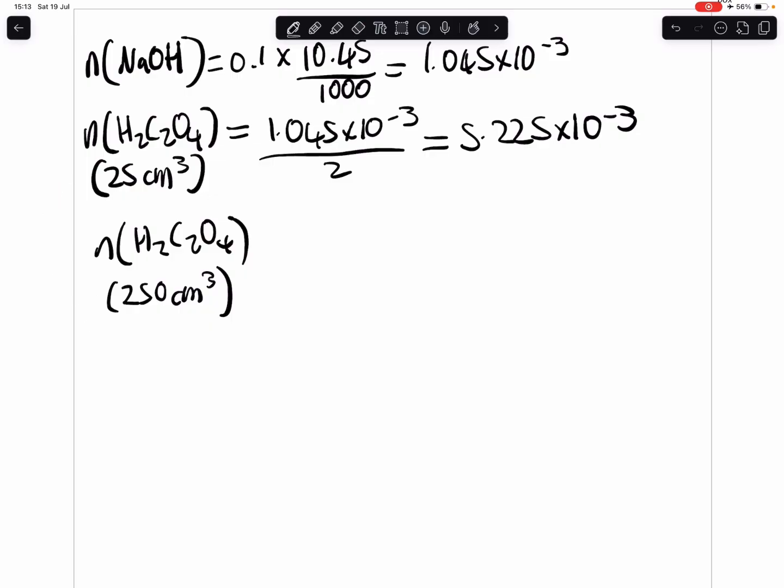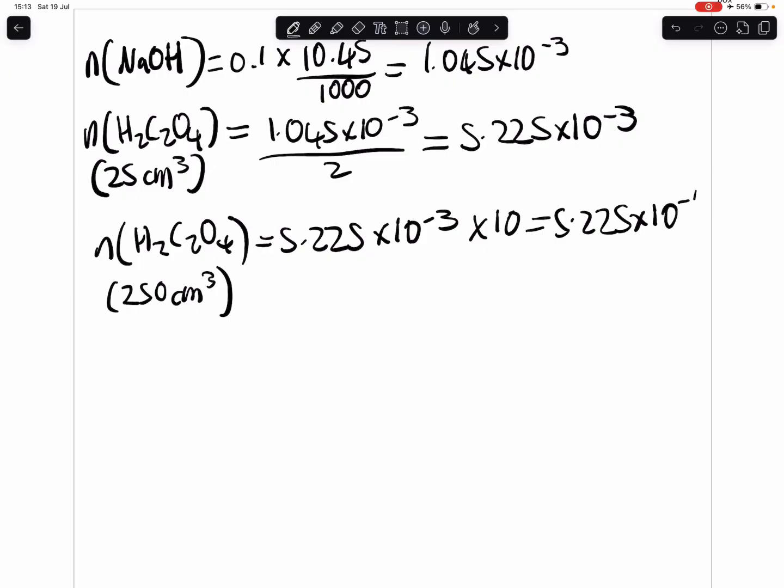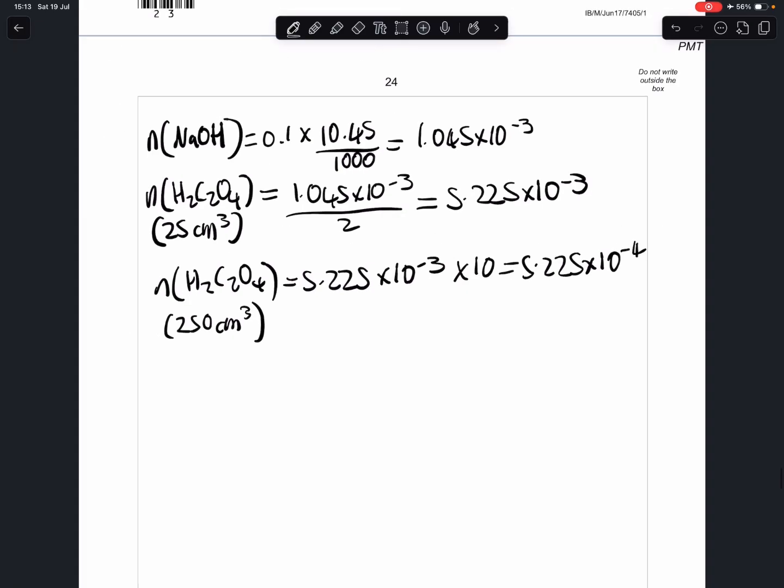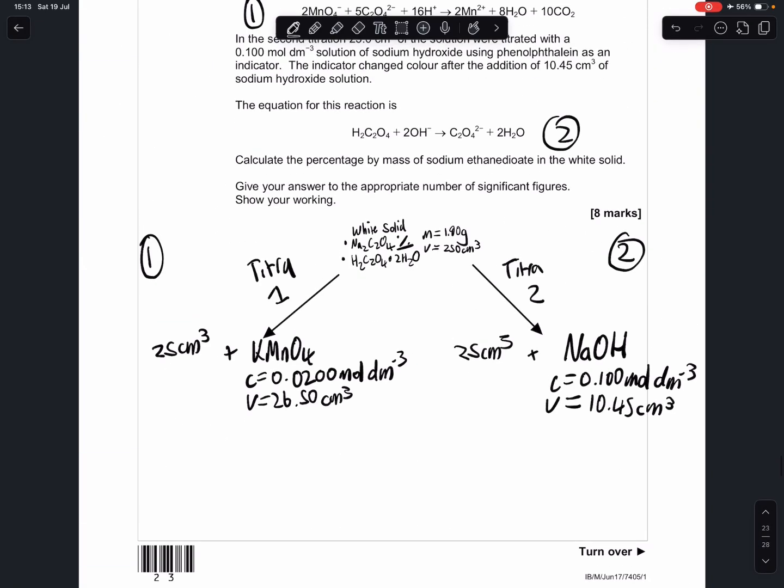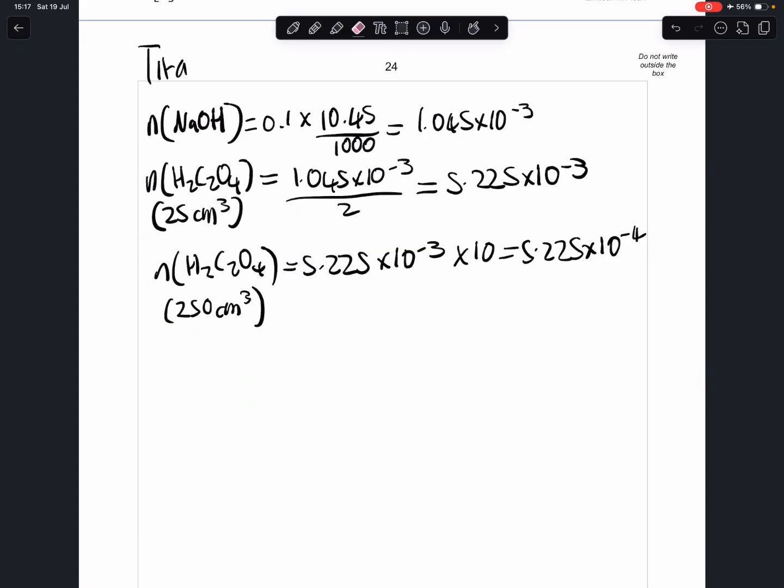So if we get our 5.225 times 10 to the negative 3, and we times it by 10, we get 5.225 times 10 to the negative 4. So now we have our moles of our H2C2O4 in our white solid right here.